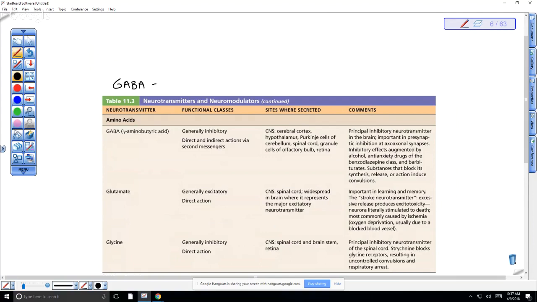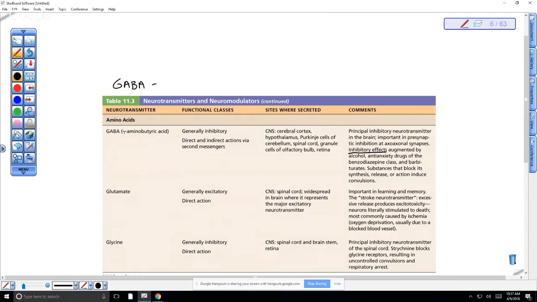You can actually affect the way that GABA works by taking alcohol. Alcohol augments the inhibitory effects of GABA. And so that's a way that alcohol suppresses the nervous system, as it allows GABA to work better at being inhibitory.